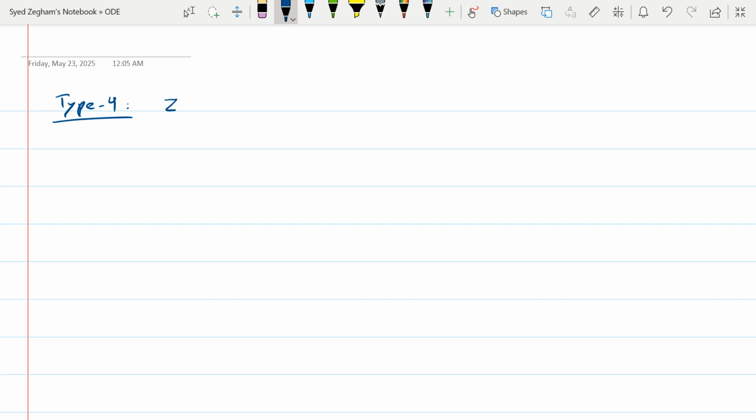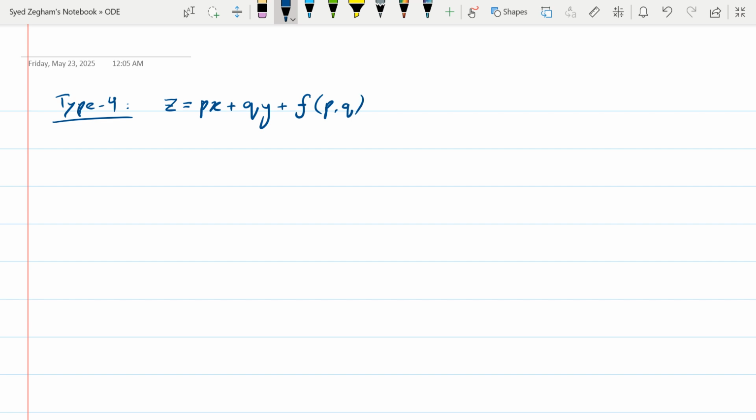Type 4 will be of the form z is equal to px plus qy plus some function of p and q.